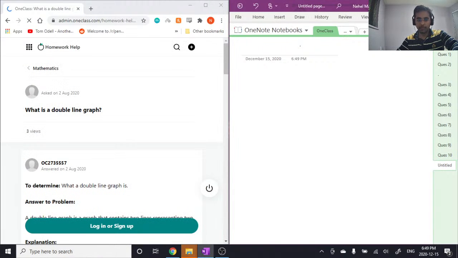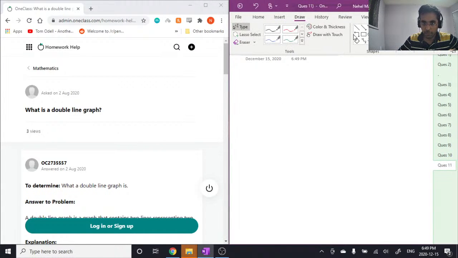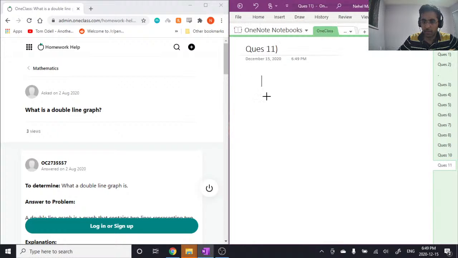Okay, next up, question number 11. What is a double line graph? Okay, so I'm going to give an example for this. A double line graph is essentially a plot where you're plotting two sets of data with the same x and y axis.